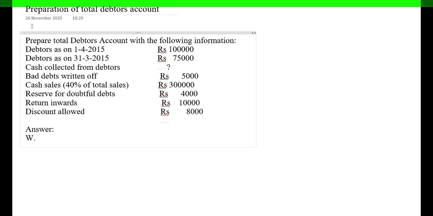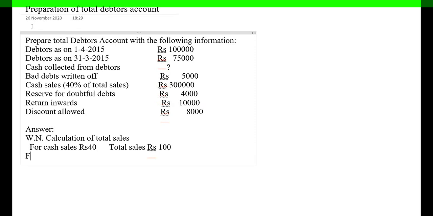So first we need to prepare a working note, that is, we need to find out the total sales. Calculation of total sales. So how to find out now? If cash sales are rupees 40, then total sales will be rupees 100.